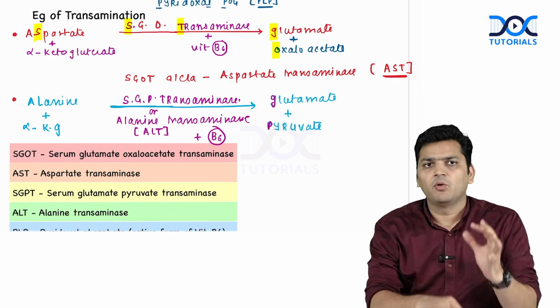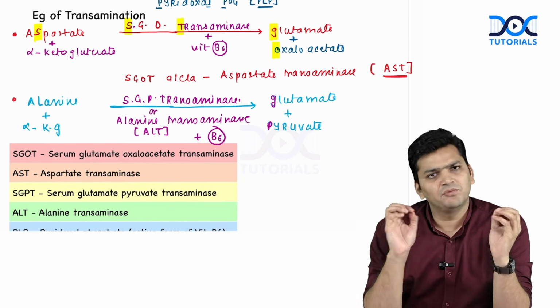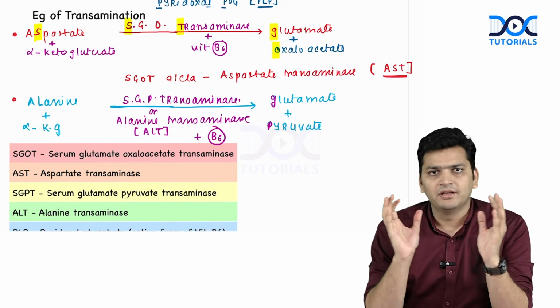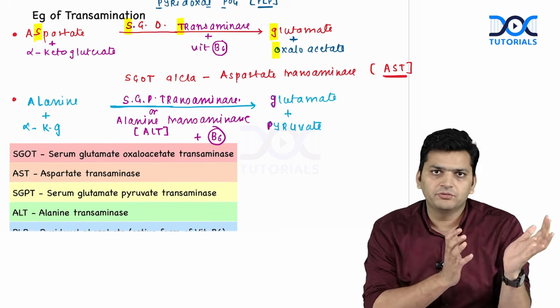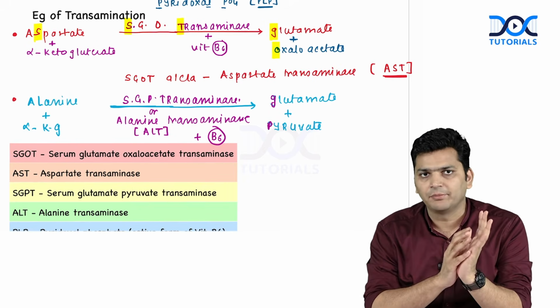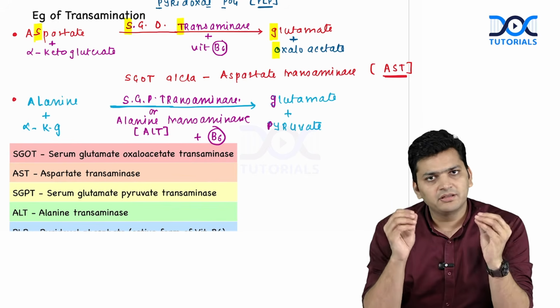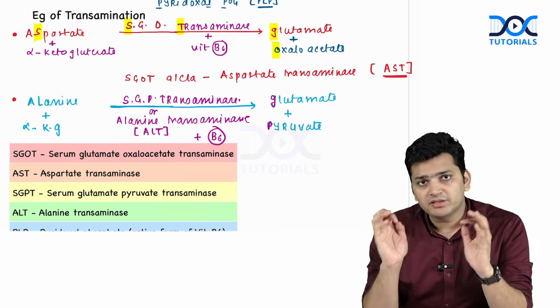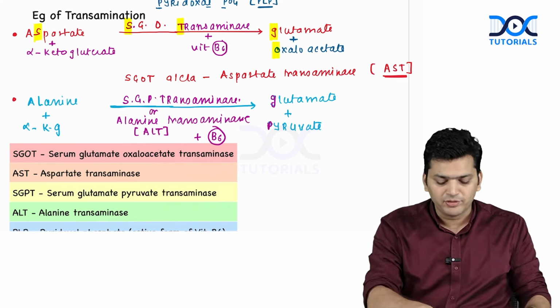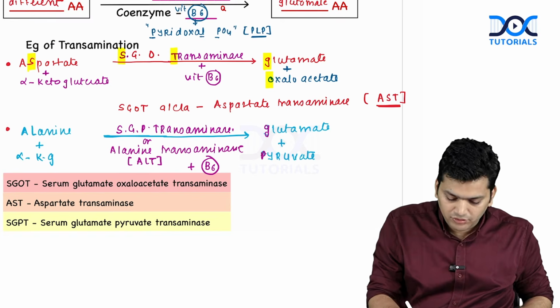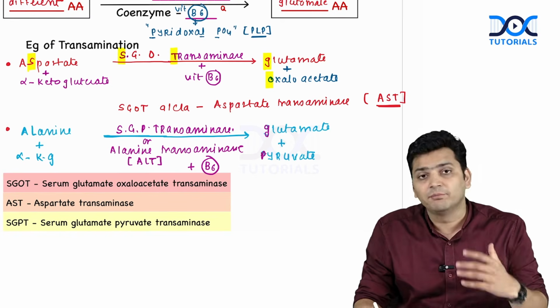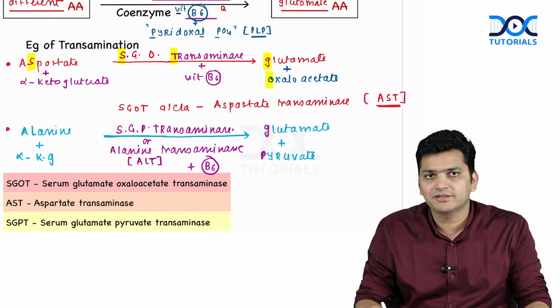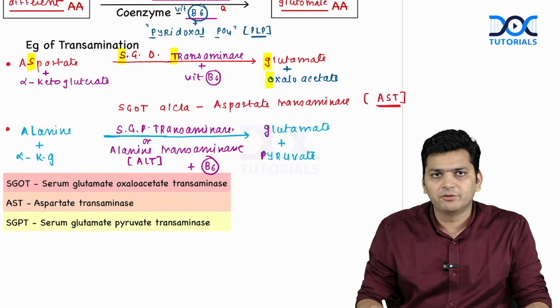Obviously, we can't remember all the transamination reactions, so we'll just remember two: how aspartate converts into glutamate, and how alanine converts into glutamate. In the transamination reaction, the product is fixed, glutamate. What is the byproduct? That is the part to be remembered. So we are going to use a mnemonic for this, and we will be using this mnemonic multiple times in different areas of biochemistry, so you will remember it automatically.